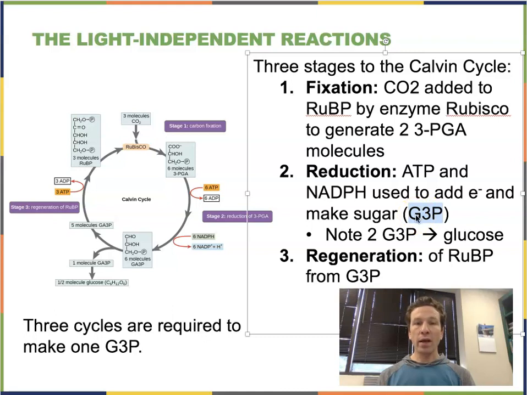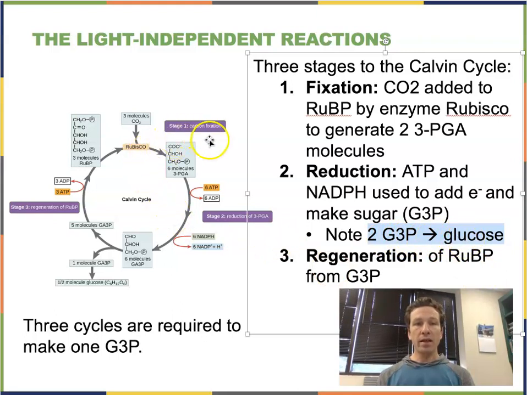And so what we're doing here is basically setting ourselves up for the reverse process, where once we've formed G3P, we can take 2 of them, put them together, and form a single glucose. So you can see there are 3 carbons in each G3P. You know that there are 6 carbons in glucose. So that's why 2 of them would give us a single glucose.